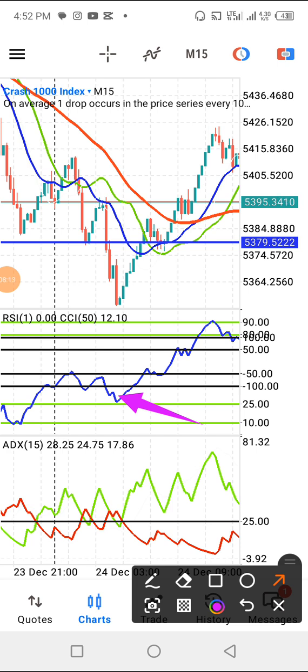I will show you the settings later. You see this minus 50 here? Immediately price crosses above minus 50 here, it indicates that there's a momentum for buy, but that doesn't give you the opportunity to open buy immediately right here. No. Your confirmation comes in on your main chart.